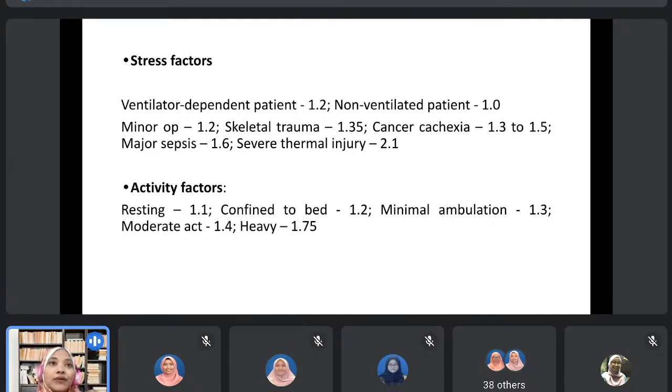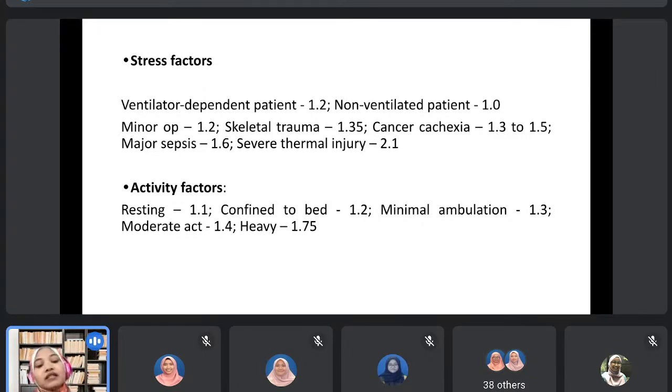But as you go through, you might find there are a lot of references where these stress factors and activity factors might be different. So later you'll find, why does this book write 1.3 for minor operation but Dr. Berry says 1.2?